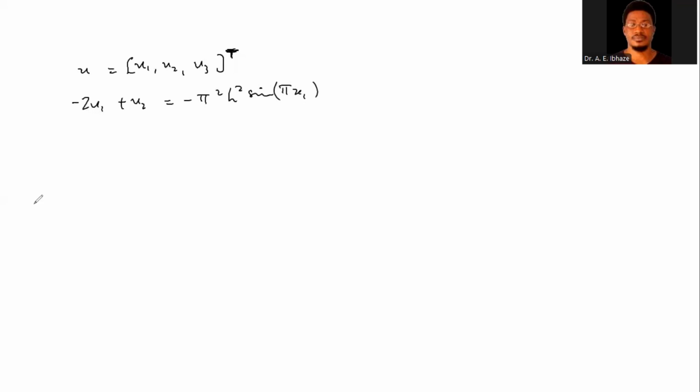We just wrote x in the previous, but since it's x_i, we have x_1, x_2, x_3.